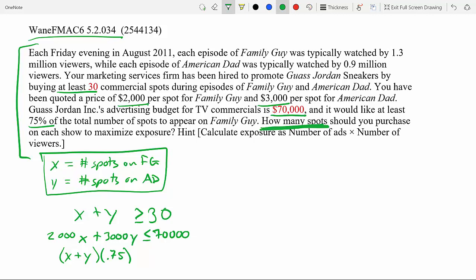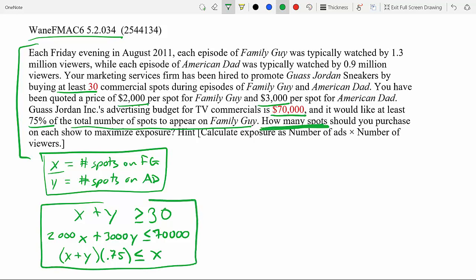Here we had at least 30, and 30 was less than this number, so at least this amount has to be less than or equal to the total number of spots on Family Guy. So Family Guy was X, so X plus Y times 0.75 must be less than or equal to X. So we've got our equations here.